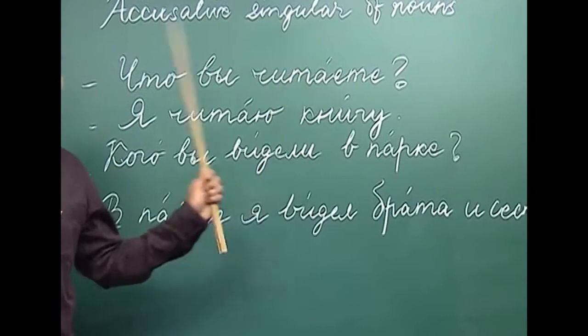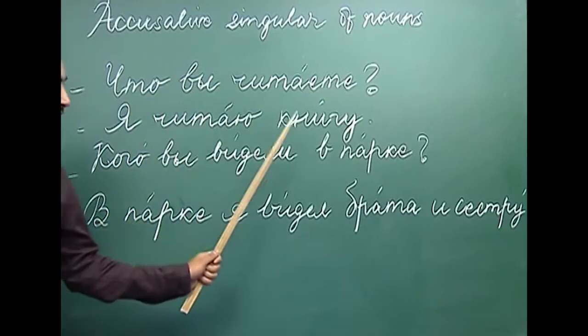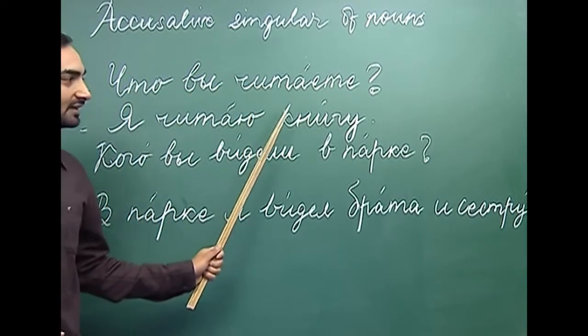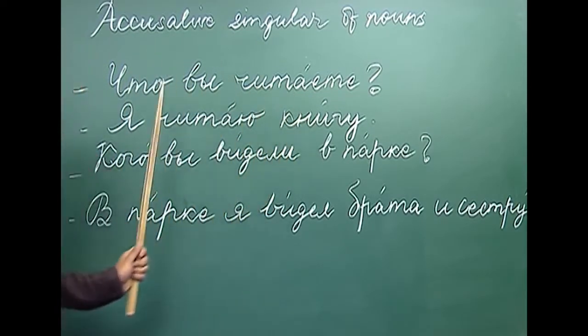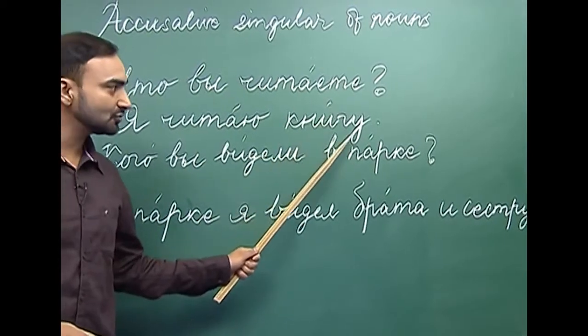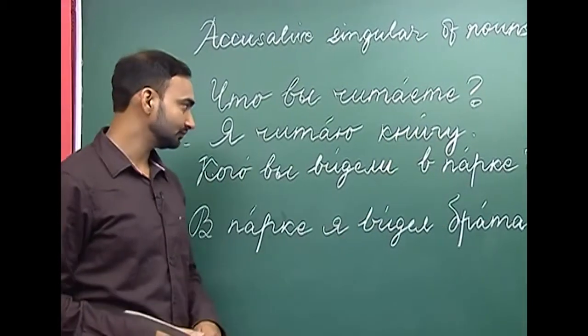What are you reading or what do you read? Я читаю книгу. When we answer что, we use a noun in the accusative case. Here I am using книга, book. I am reading a book. As you can see, книга has changed to книгу, this а has become у.